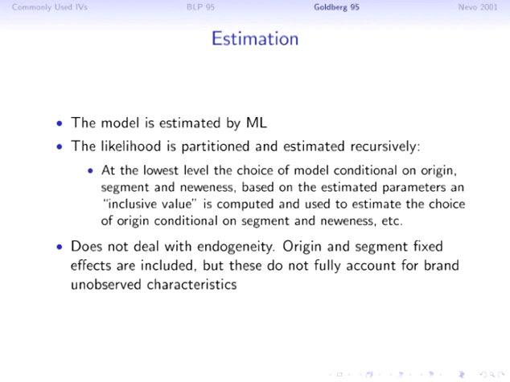She's not going to directly deal with the endogeneity. And the endogeneity, remember, because this is household level data, she doesn't need instruments for the nonlinear parameters, right? That you can actually get from the actual demographics that she's seeing in the data. She needs to deal with the endogeneity of price and the unobserved characteristics. So she is going to have origin and segment fixed effects. Okay, segments are these different classes, and origin is whether domestic or foreign, or I guess which country.